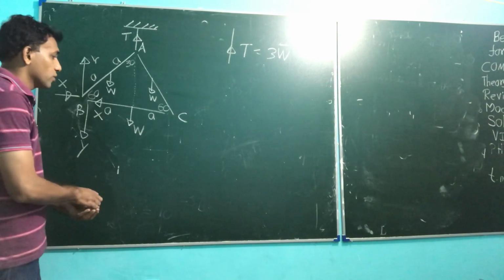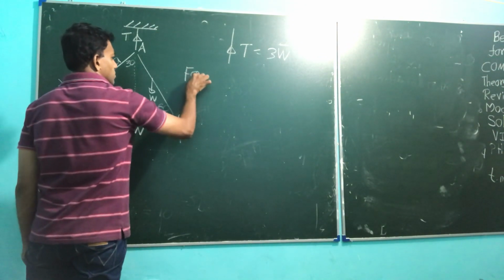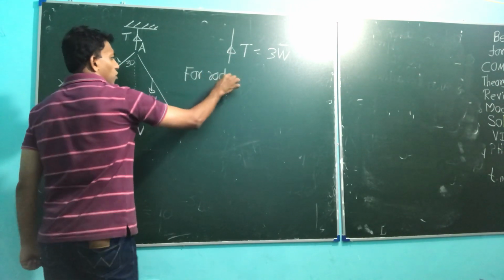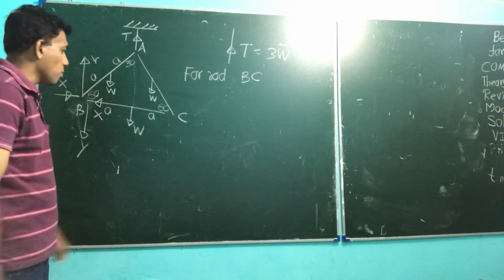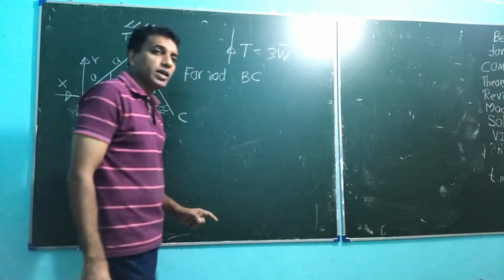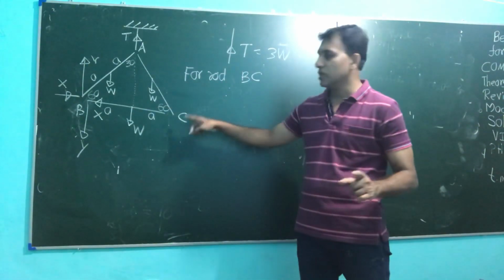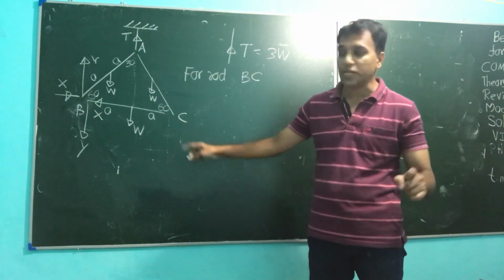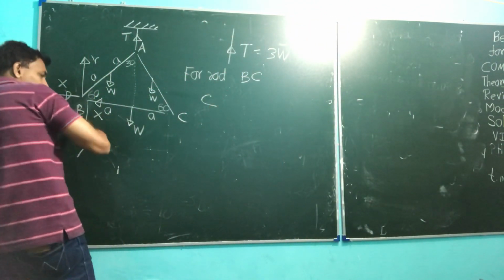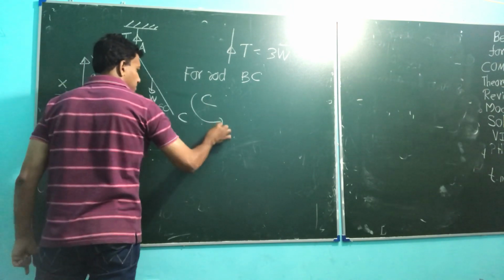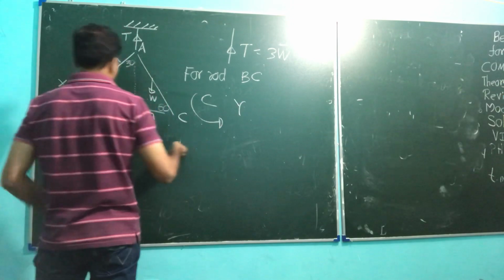Simple. So write this. For rod BC, take moments about C. So show the C, and I can write this direction y like this: y into 2a, right?